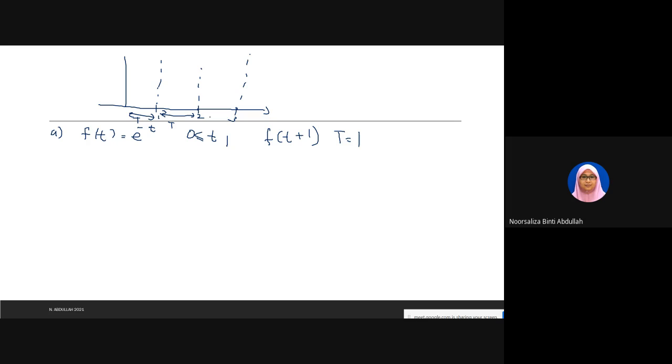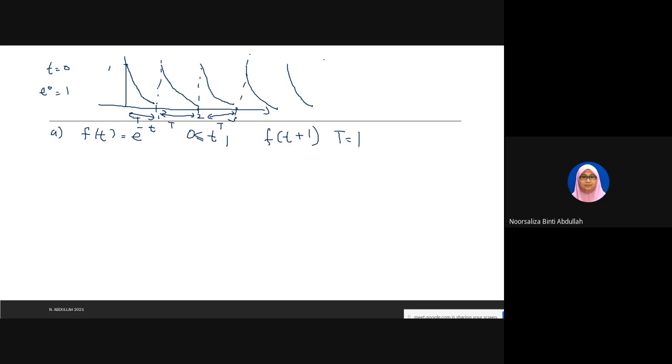So exponent minus t, grafnya macam mana? When t is 0, exponent 0 equals to 1, so dia akan start pada 1. Macam ni, dan dia akan berulang sampai infinity.